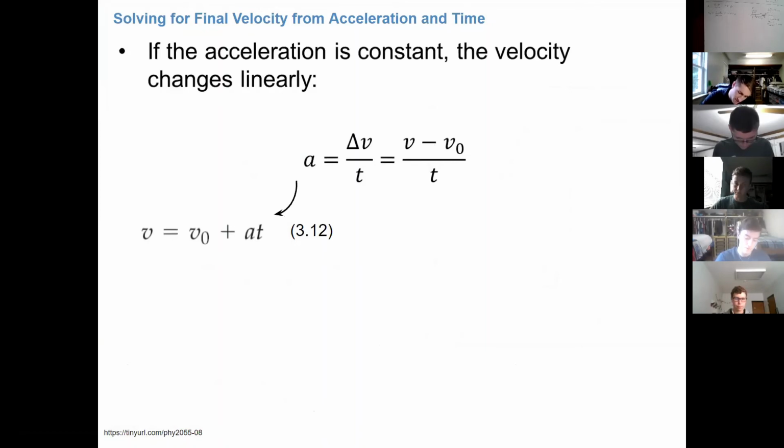Multiply the left hand side by t and the right hand side by t, and then rearrange the terms. You'll arrive at this expression: v equals v0 plus at. That means final velocity is equal to initial velocity plus acceleration times t, the time it takes. So this is the third equation.